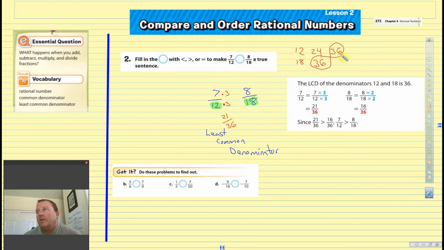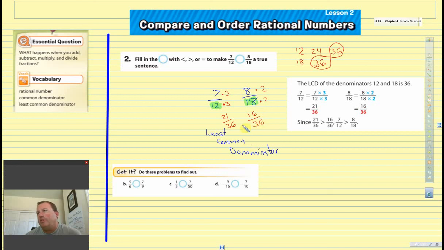And then, to get 12 to 36, that was 3. To get 18 to 36, that was multiplying by 2. So you have to multiply 2 to both the numerator and denominator. Remember, we're not changing the fractions. So I get 16 over 36.